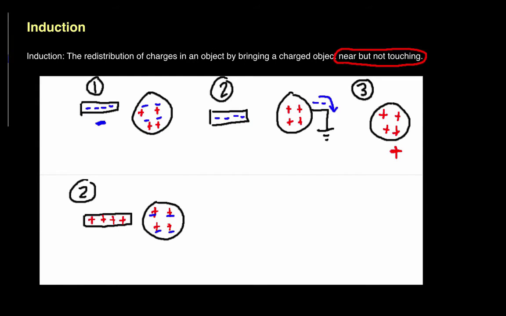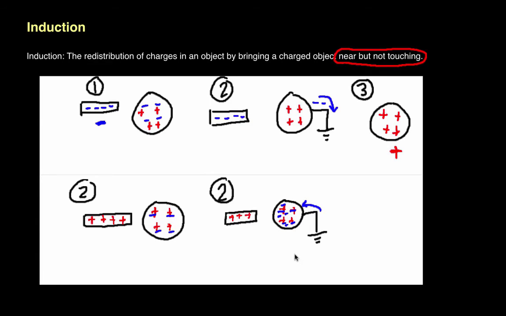In the second step, leaving the rod where it is, we ground the conductor so electrons can flow in and out of the ground source, in or out of the conductor. Now, remembering that protons can't move, so the positives remain where they are. Now, electrons want to be near the positive rod, and so much so that electrons from the ground flow into the conductor to be near it.